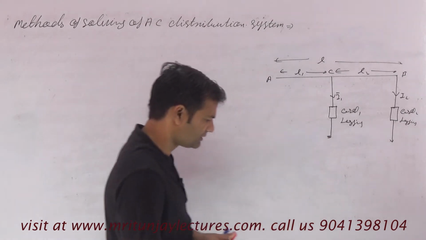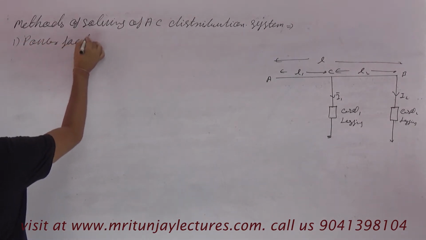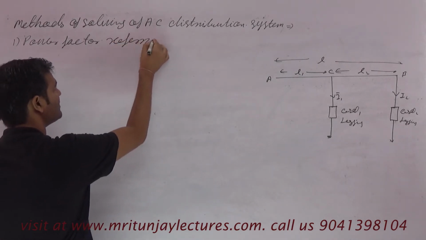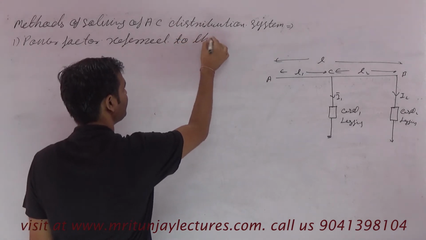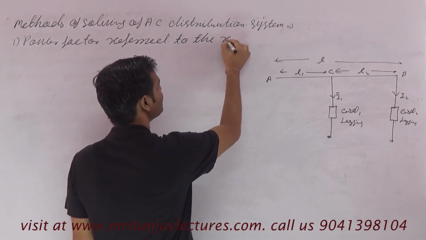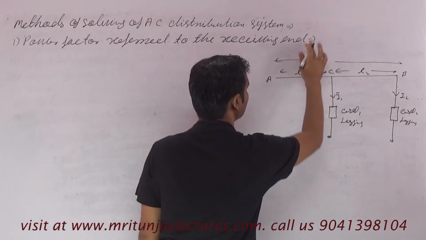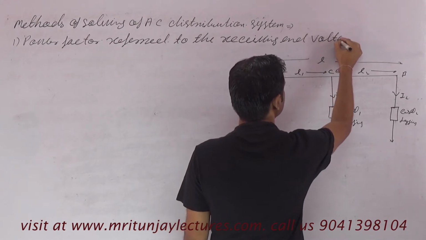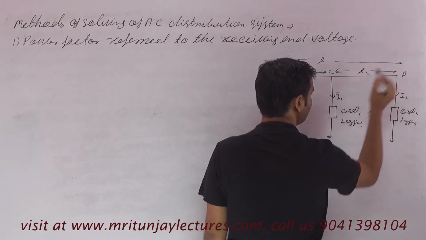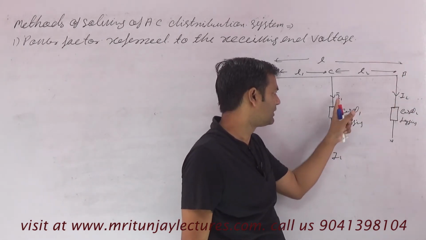Okay, means the power factor is referred to the receiving end voltage, means I2, the angle between I2 and VB is phi 2, and the angle between VB and I1 is phi 1.